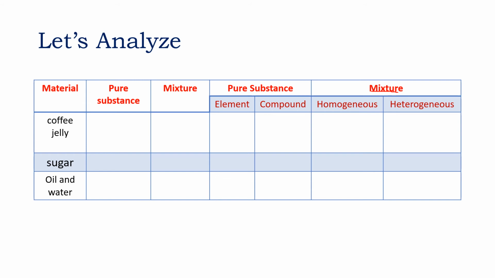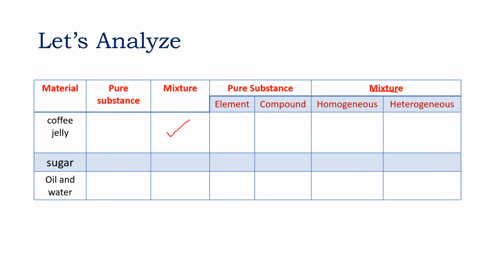Coffee jelly. Okay, so ano po kaya siya? Pure substance po kaya siya or mixture? Ano po ba yung mga ingredients ng coffee jelly? So, may coffee, may jelly, may sugar, may water, may milk, and etc. At lahat pa na ingredients po na yun ay pwede pa nating makita o mapaghiwa-hiwalay. So, ibig sabihin, si coffee jelly po ay mixture.